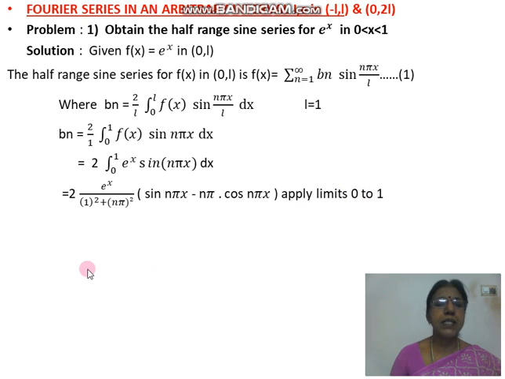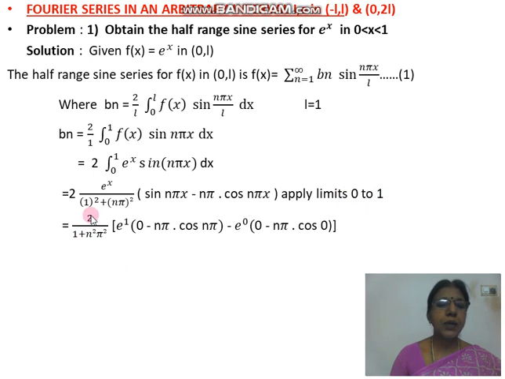First apply the upper limit 1, next the lower limit 0. Now we get 2 by 1 plus n square pi square as the constant, since there is no x in it. The e power x term contains x, so first put 1.